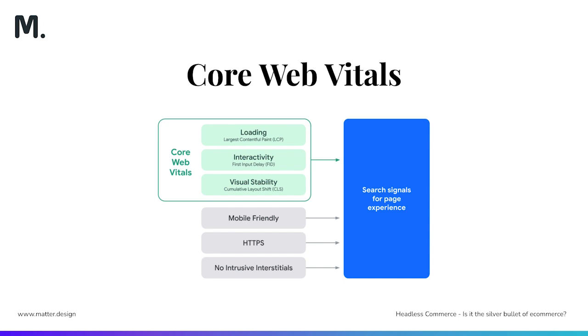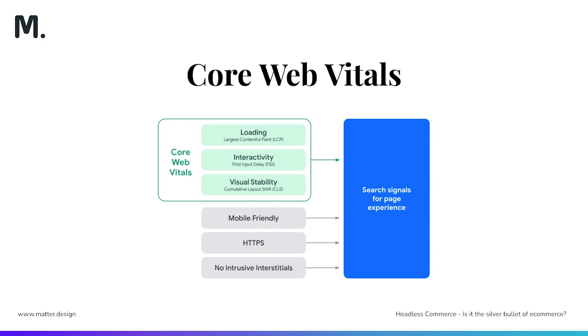These are called Core Web Vitals, and it includes 3 new metrics. So the largest contentful paint, the time it takes to load the largest part of the page. The first input delay, so that's the time that it becomes interactive, and the visual stability of the site, also called cumulative layout shift, and that's how stable the layout of the website is.